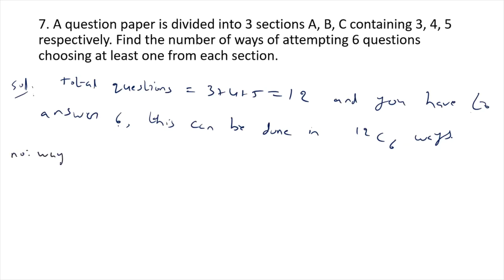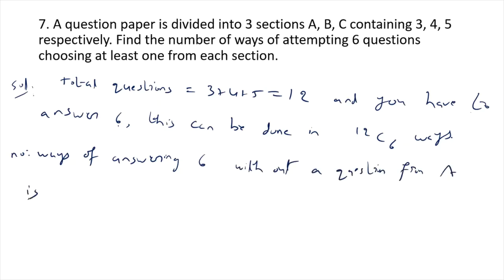Number of ways of answering 6 without a question from A is, so I should not select any question from A, so I have to select the remaining 6 from B and C. So it is 4 plus 5 choose 6, which is equal to 9 choose 6.